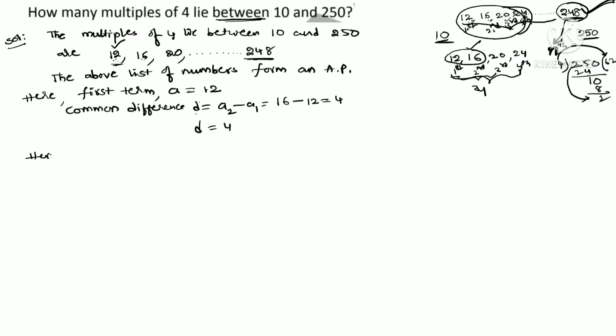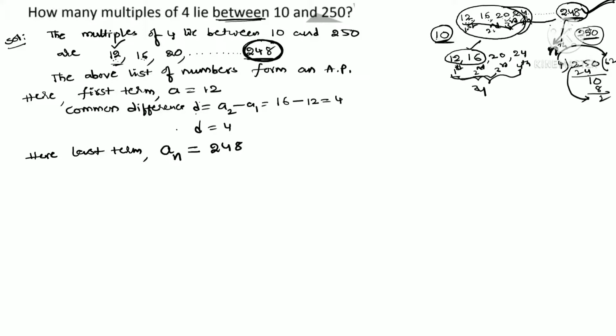What is the last term? 248 is the last term, but not 250. We want only these numbers, they are important for us now, not these. Okay, so the last term is equal to 248. The last term can also be represented by an. It might be a general term. We don't know the number of that particular term.